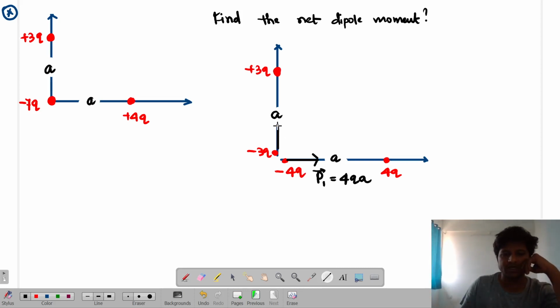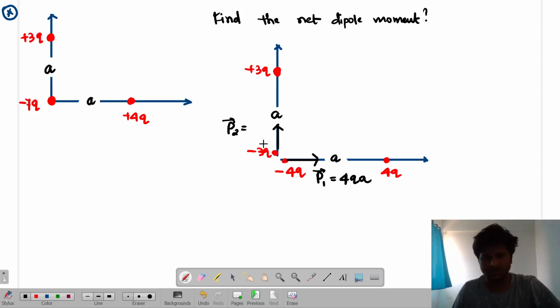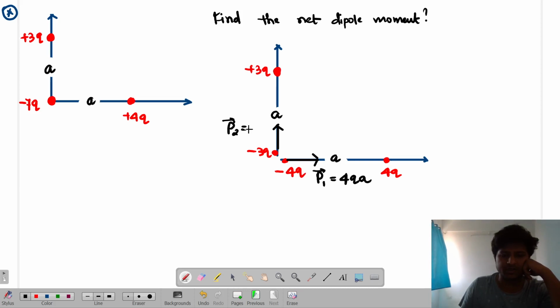Another dipole moment vector will exist along this side, which will be P2, and that will be equal to how much? P2 is equal to minus 3q to plus 3q.